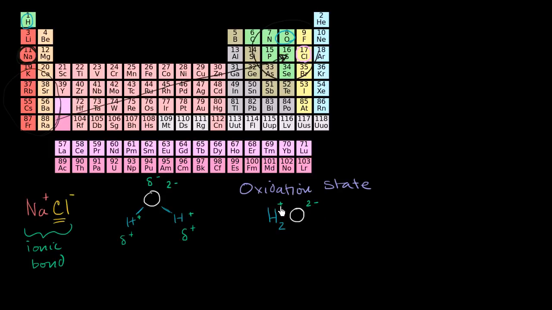These are ionic bonds. And you might say, okay, this kind of makes sense right over here. This involved oxygen in some way. That's why it's called oxidation states. And that's how I initially conceptualized it when I first learned about this. Each of these hydrogens lost an electron to oxygen, so it makes sense that we say each hydrogen got oxidized.